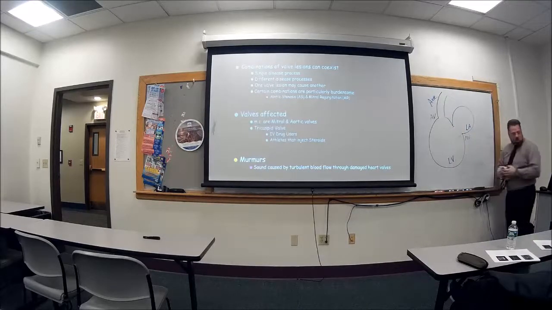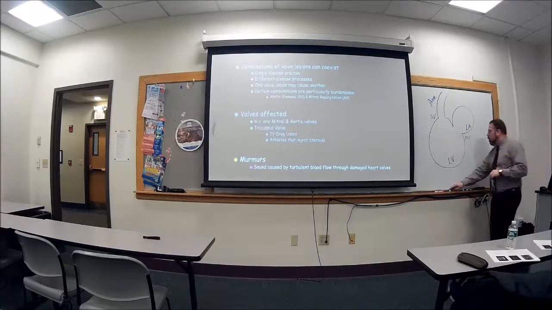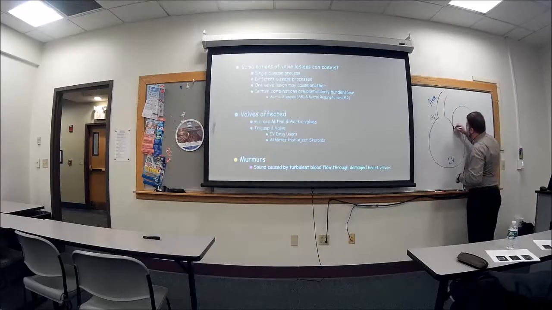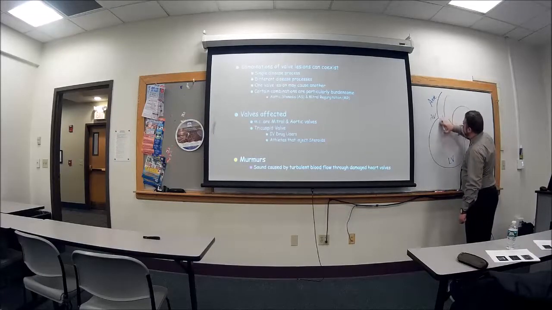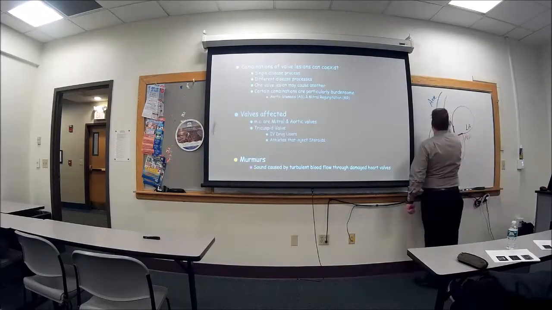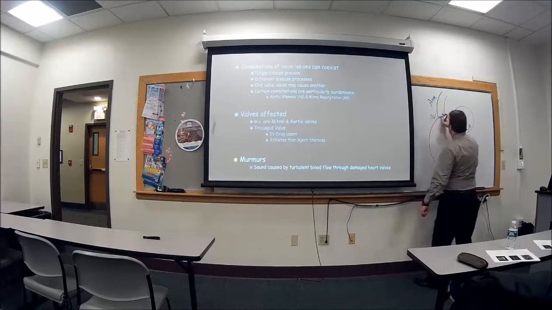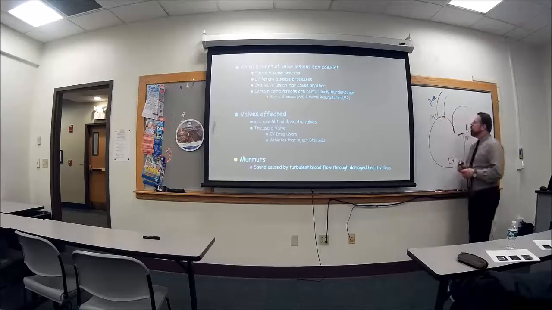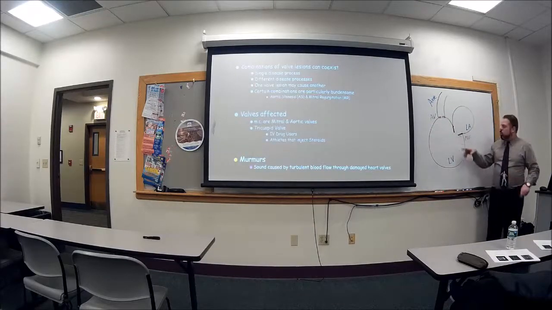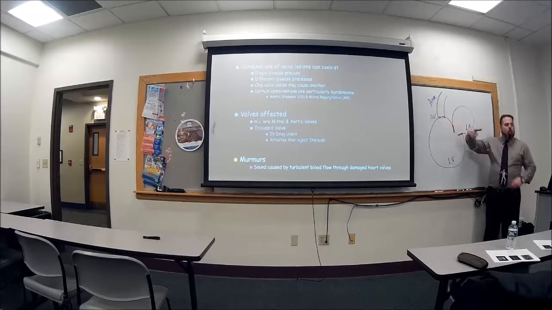Okay. So, we have a normal mitral valve, and let's say it's a stenotic one, right? Okay. So in this case, and we'll talk about the different types in a bit, we have aortic stenosis.